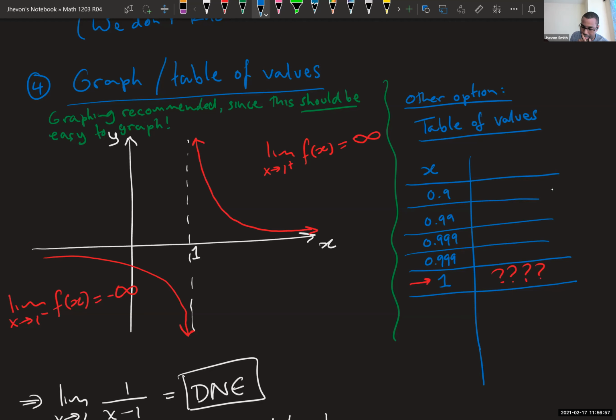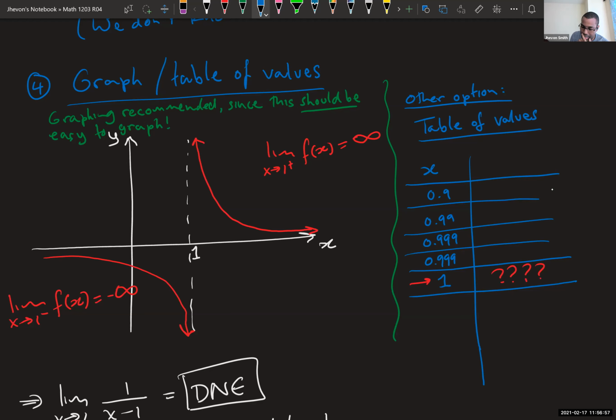So that's like 9 over 10. So here you get 10 over 9. Here you would get 100 over 99. Here we get 1,000.